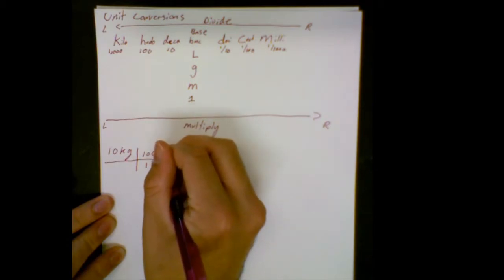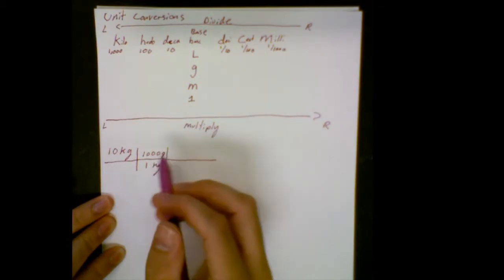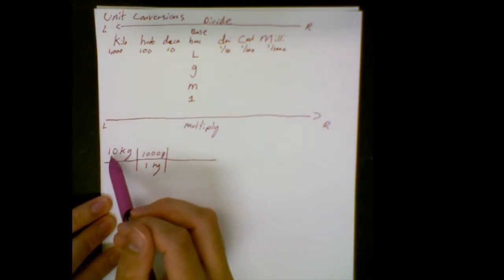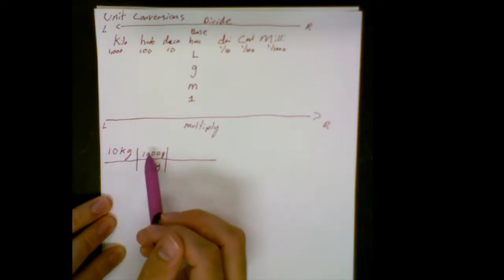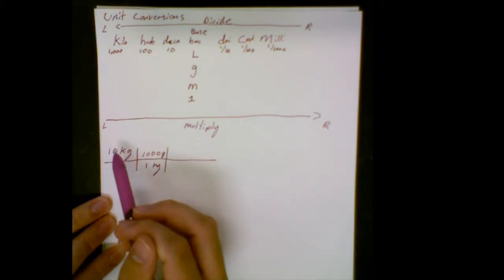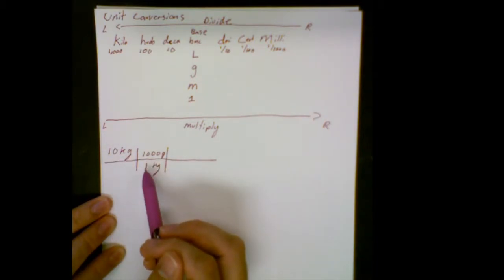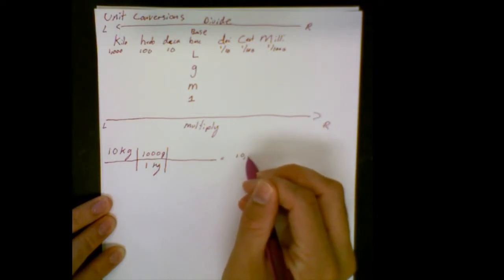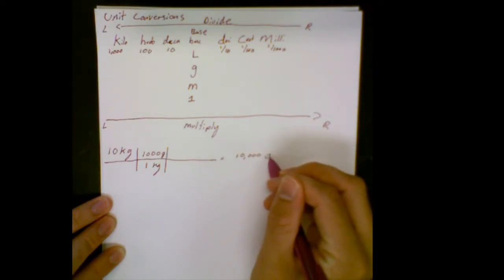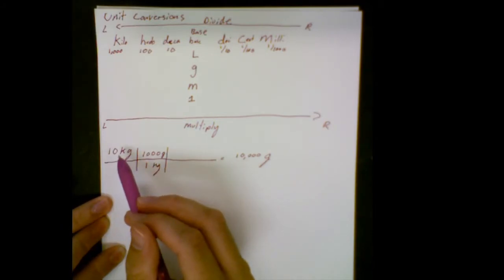Be sure to always write your units as you progress along. Now we're going to multiply everything that's on top and divide by everything that's on the bottom. So 10 times 1,000 divided by 1 is equal to 10,000 grams.